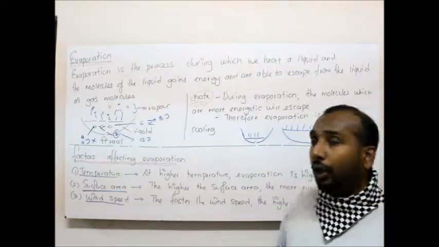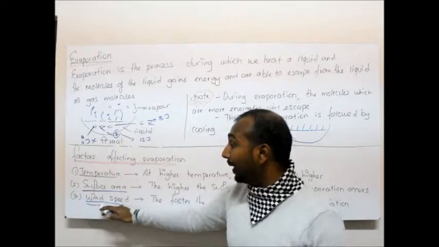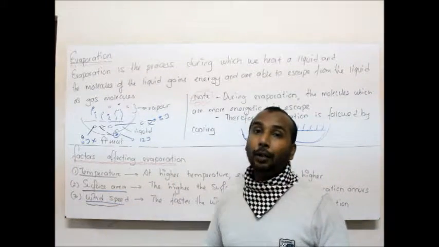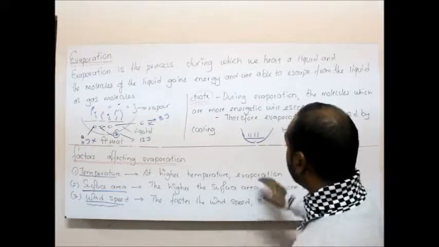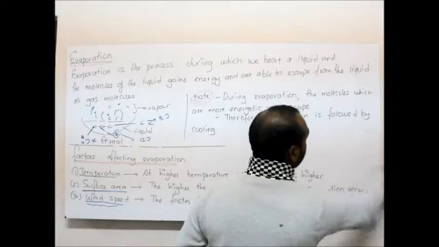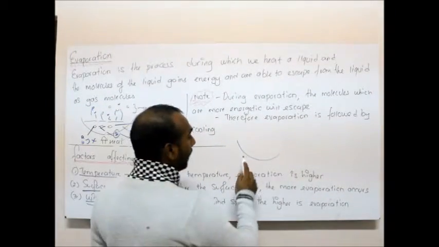The last factor which affects the rate of evaporation is the wind speed. If the wind speed is faster, evaporation will be faster. Now, why is it like that? Consider a situation where we have a hot liquid.